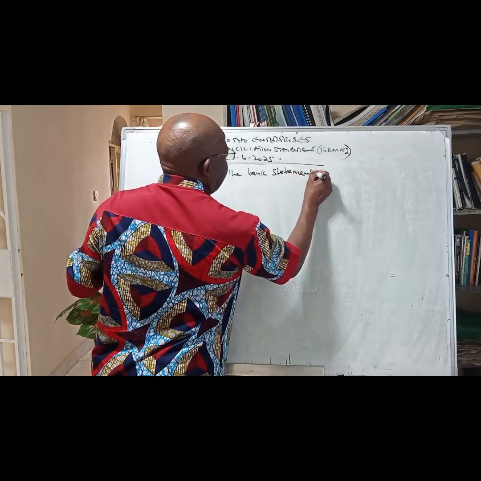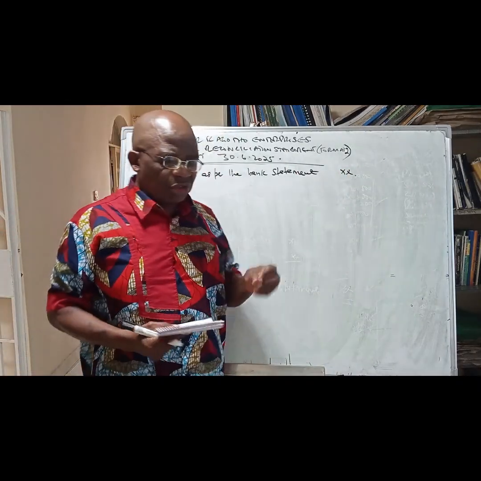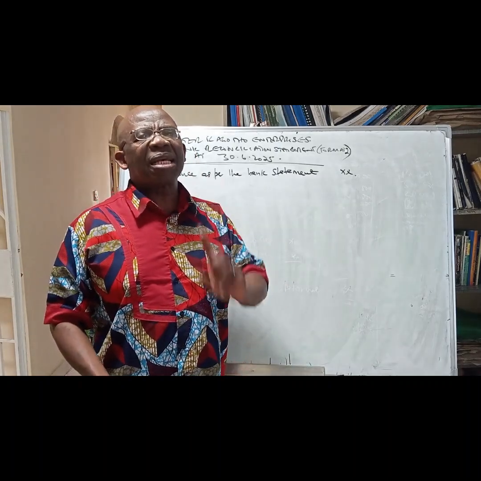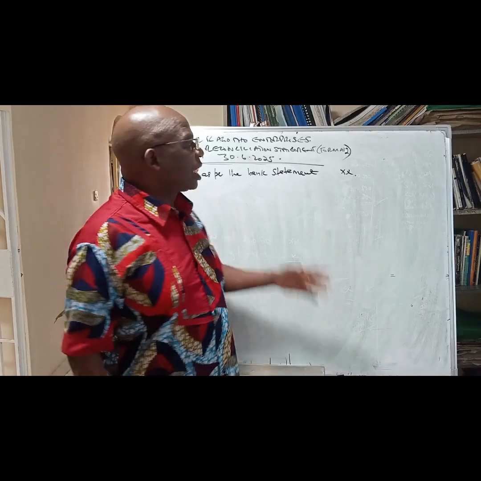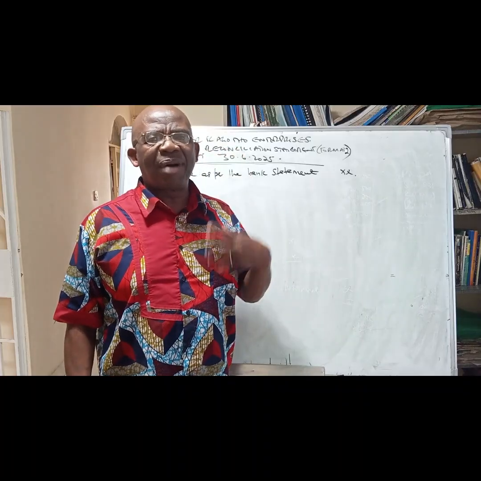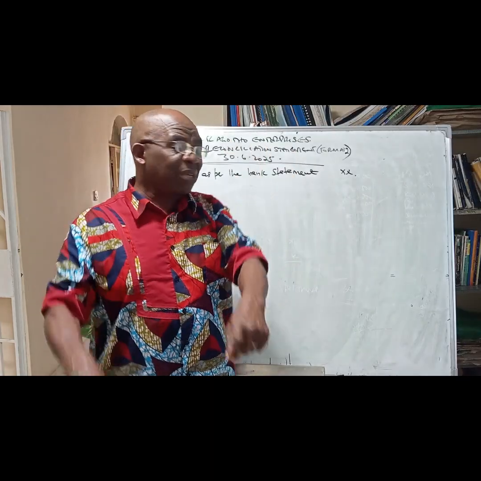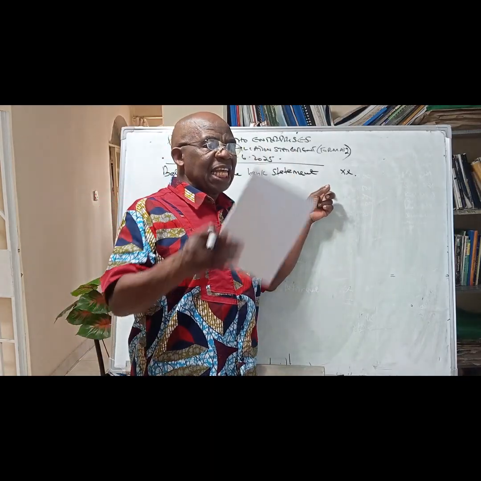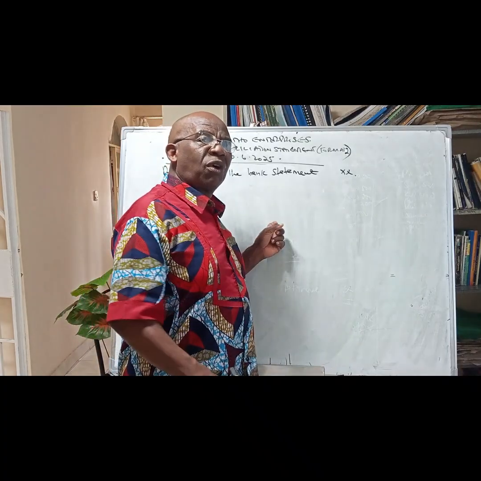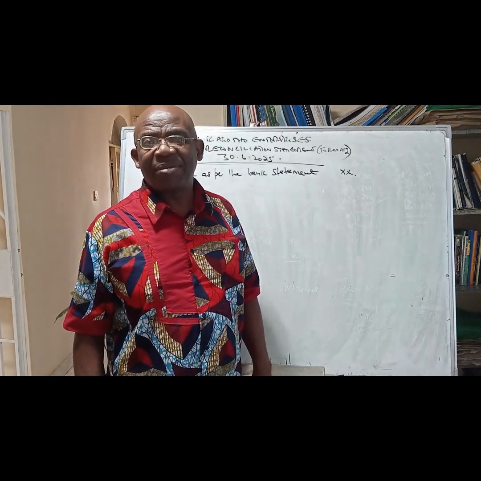Now, the first one, we were reversing. We were asking ourselves, if we reverse what we as the firm have done, would we get the same balance as the bank? In this case, we are asking ourselves, if the bank did what we have done, if we subtract from the bank statement what we have subtracted in the cash book but the bank has not subtracted, and we add what we have added in the cash book and the bank has not added, would we arrive at the same balance as the bank's balance?